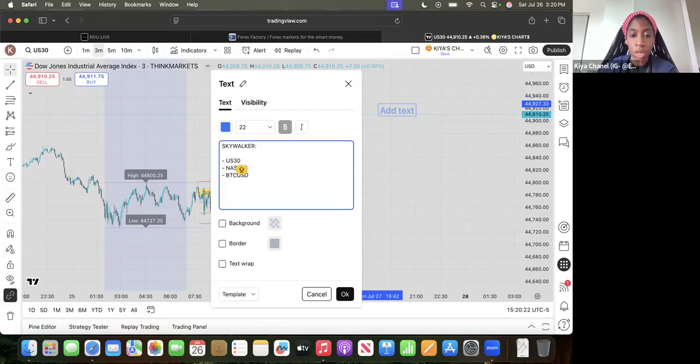For US 30, the setups are going to come out on the 1 minute chart, the 3 minute chart, and 5 minute chart.